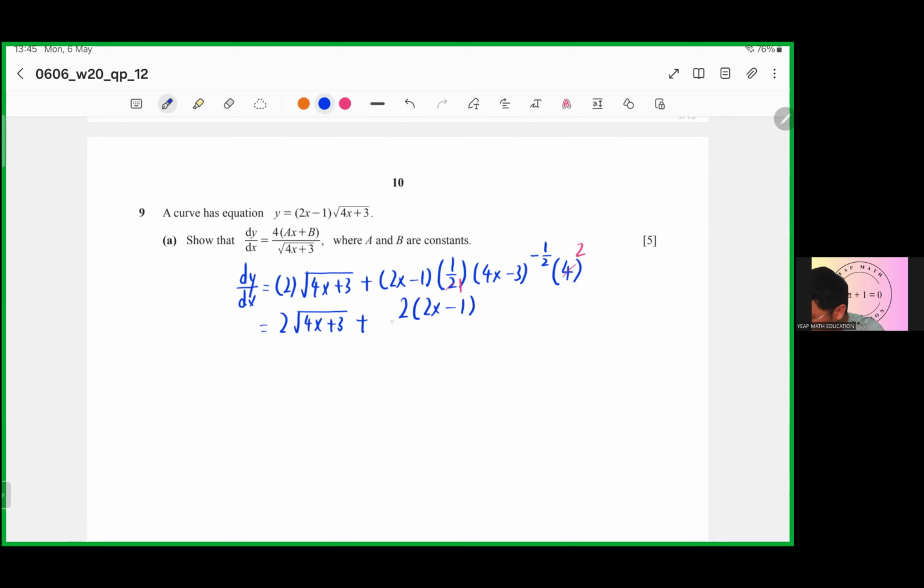I put this at the denominator because it's a negative index.